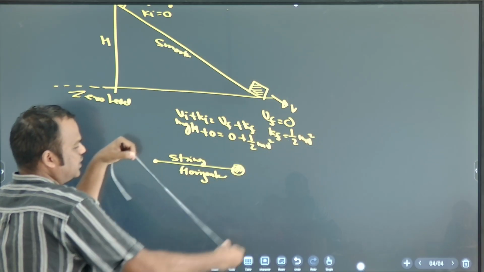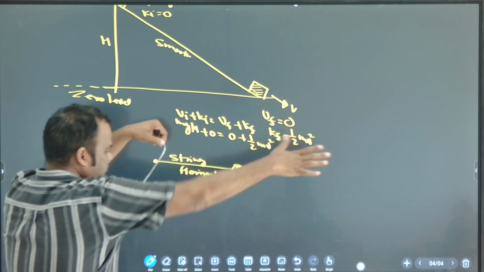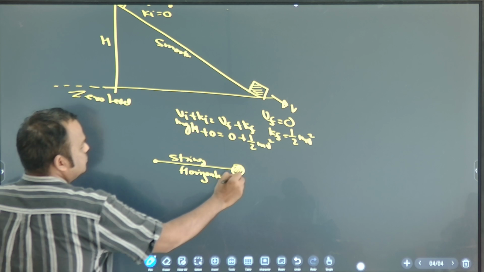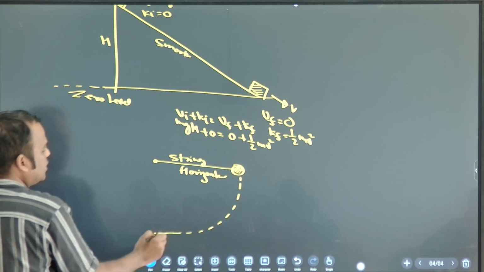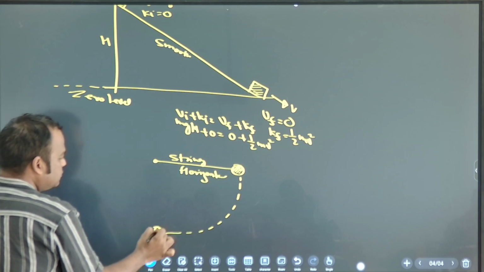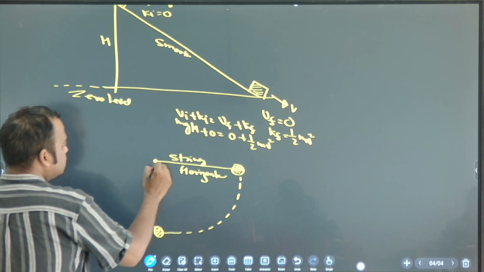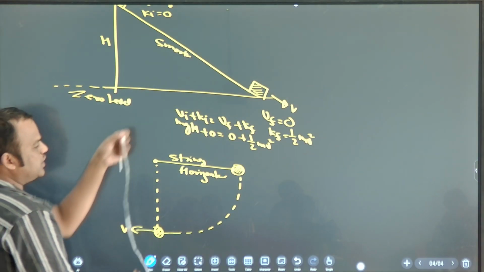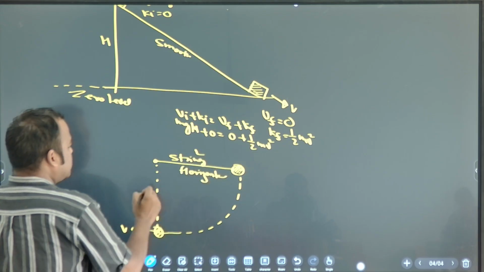Now release it like this. So when it is coming vertically, what is the speed? When the ball is coming here, what is the speed? Tell me. The length of the string is L.